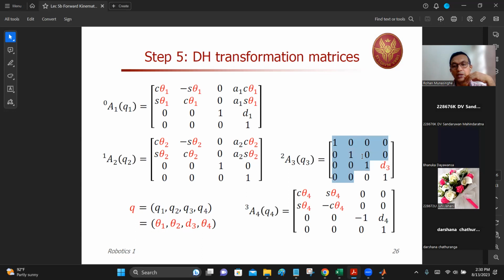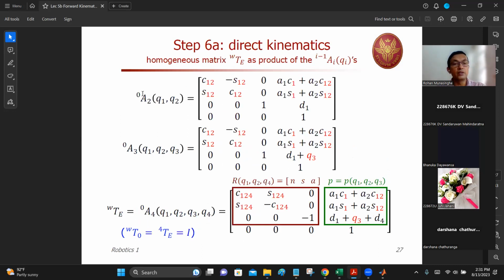If you look at the first part over here, the top left 3 by 3 matrix, it's a unit matrix, identity matrix. So there's no rotation. And then 3 to 4 is this one, right? There's a distance and also some sort of rotation, okay? So there are 4 variables here, theta 1, theta 2, d3, and theta 4. So when you combine all these things and multiply together, you can generate 0 to 2 by multiplying the first 2 homogeneous transformation matrices.